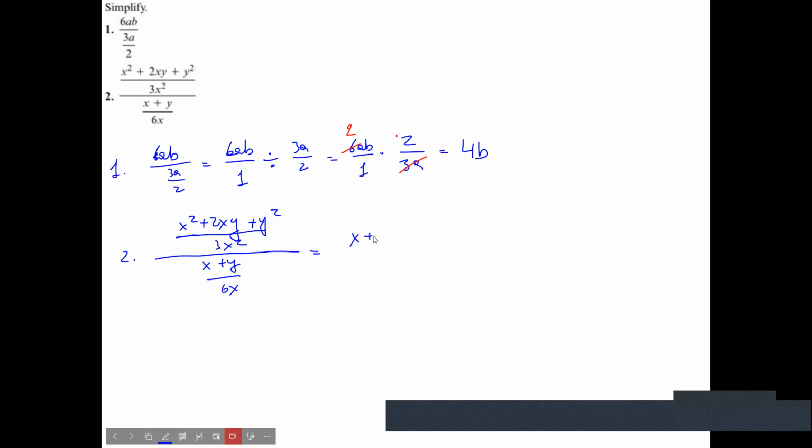So x plus y squared, that's the numerator from the top fraction. This is divided by 3x squared. Then I divide x plus y over 6x.